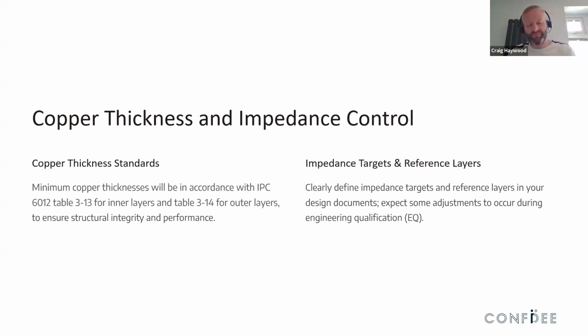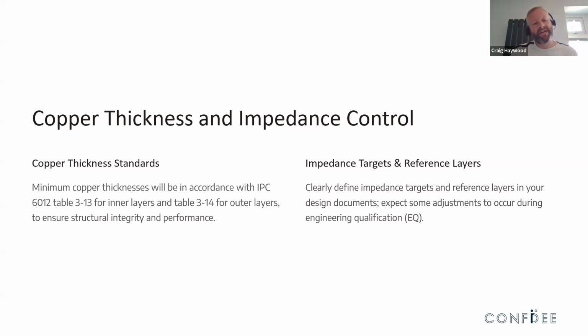The manufacturers want to be as right on target as possible. So if they want 100 ohms, they want to try and hit 100 ohms. So the adjustments they would like to propose are all aimed at giving the best option for hitting that target.